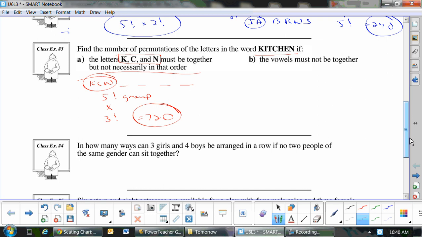Whenever you get must not be together, always, so when must not be together, you always use the complement. Okay? The complement in mathematics means the exact opposite. Okay?